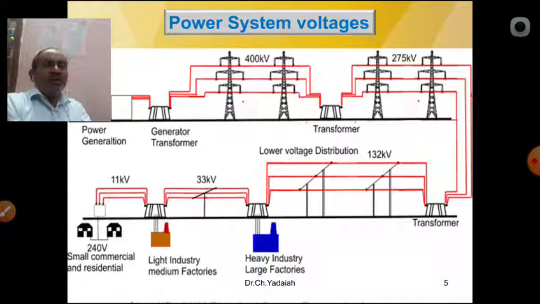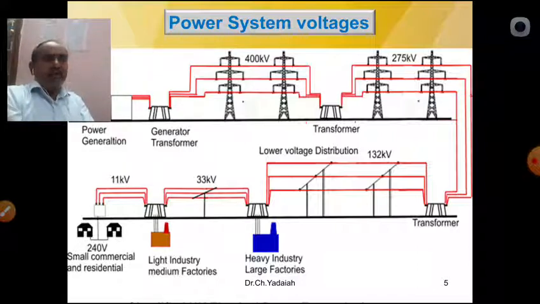After that it goes to the 33 kV lines, and some companies and factories will take the 33 kV directly, for example Ashok Leyland at Uppal. Major factories will take the 33 kV lines as a feeder input power. They have their own power transformers to step down for their different applications.